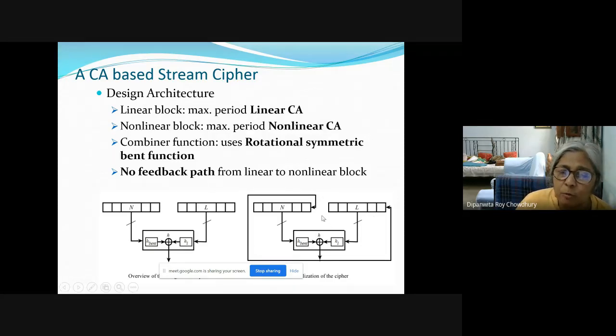Same. One thing is missing here, and this is very, very important. If you remember, there was one feedback to the NFSR from the LFSR and some of its bits. We have omitted this part. This is actually very important, I'm telling you.